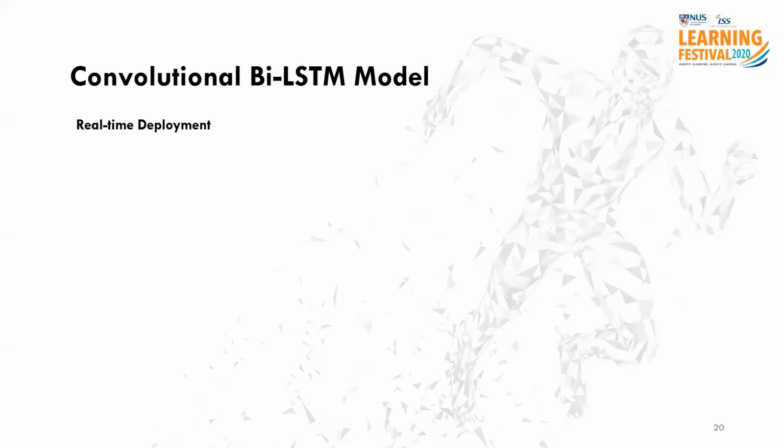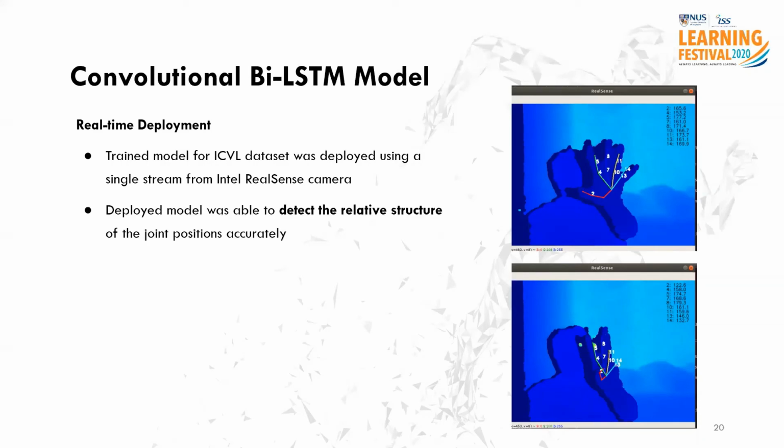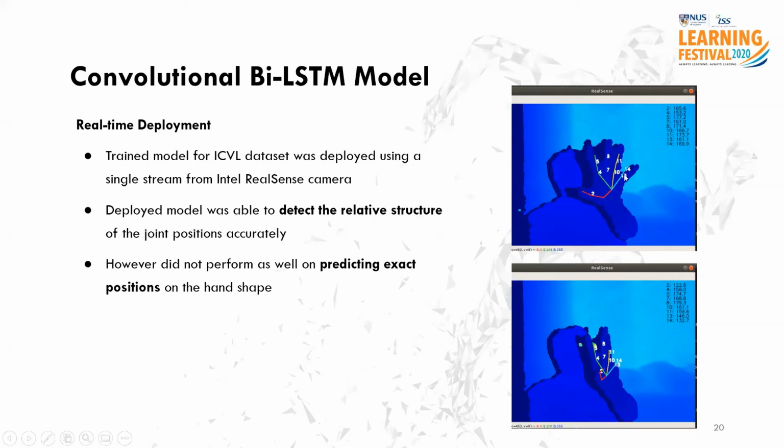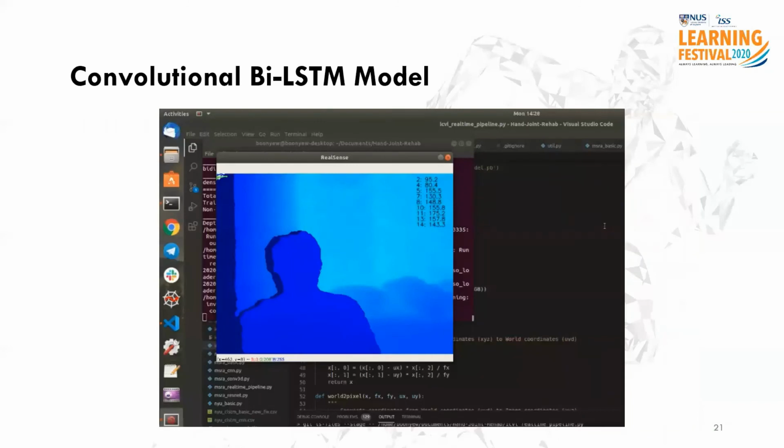Also, this model was tested in a real-time deployment setting, and it showed that it was able to capture the relative structure of the hand correctly, but not as well at predicting the exact positions of the hand shape, as you can see here. And as mentioned earlier, it's also heavily reliant on pre-processing steps such as cropping and centering to perform effectively.